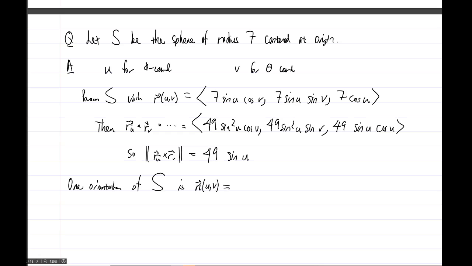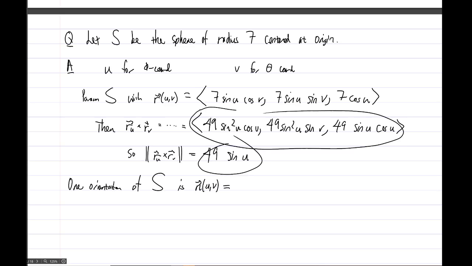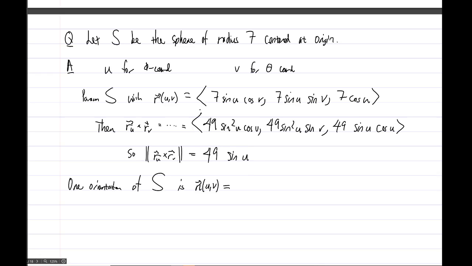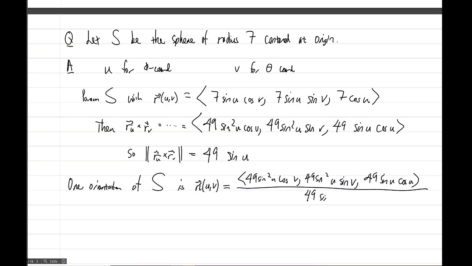So it's going to equal this divided by that: the vector 49 sine squared u cosine v, comma 49 sine squared u sine v, comma 49 sine u cosine u, over 49 sine of u.